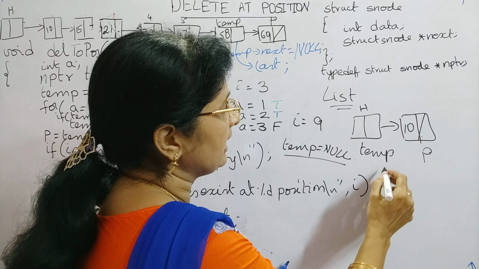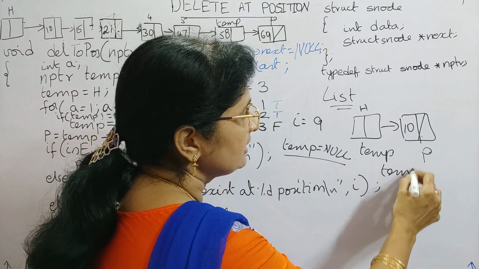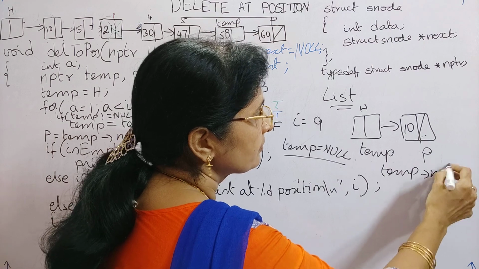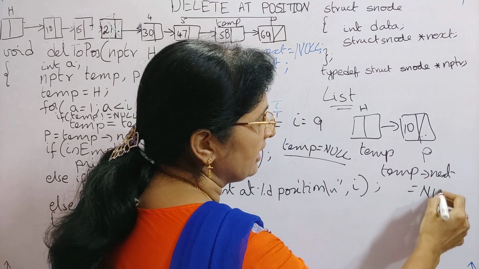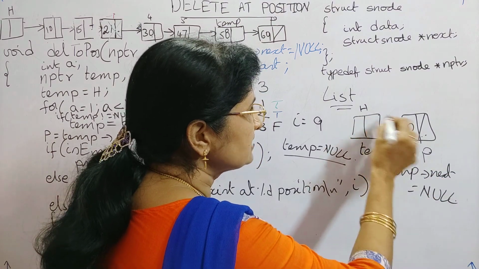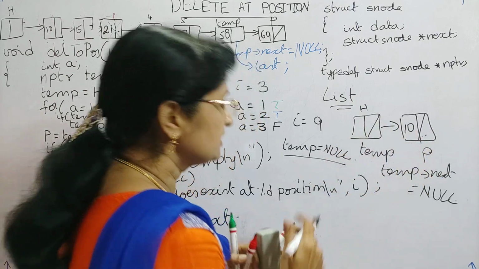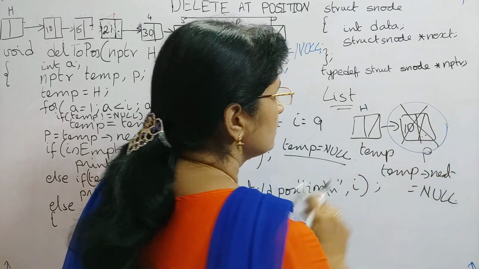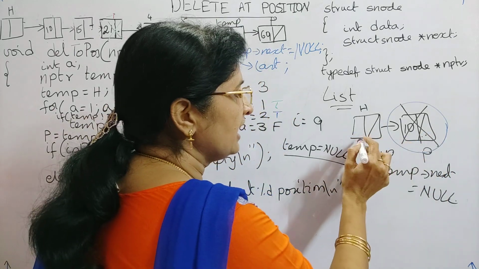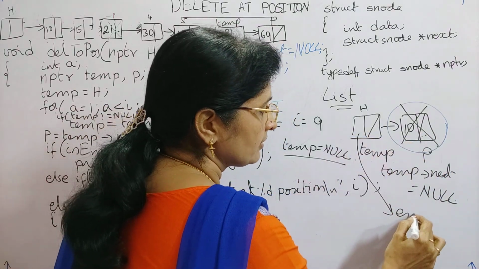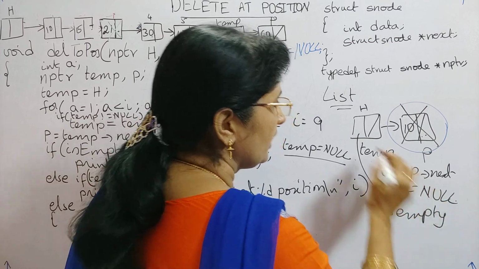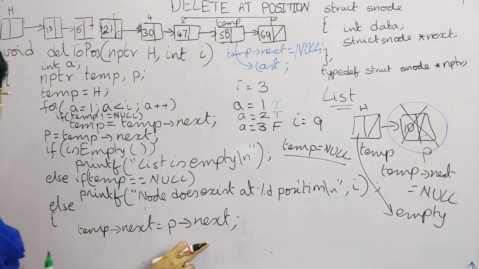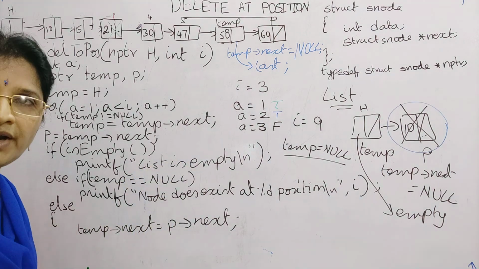P next is null, and in temp next you are placing P next, which is null. So once you place this null here, this node is removed for you. Once this node is removed, your list has become empty. Okay, for empty also it has been satisfied. So this statement satisfies all different cases.